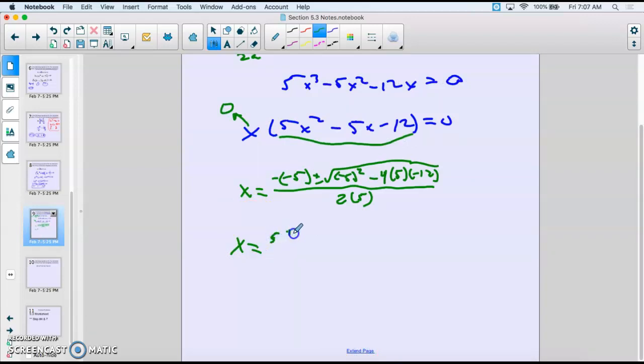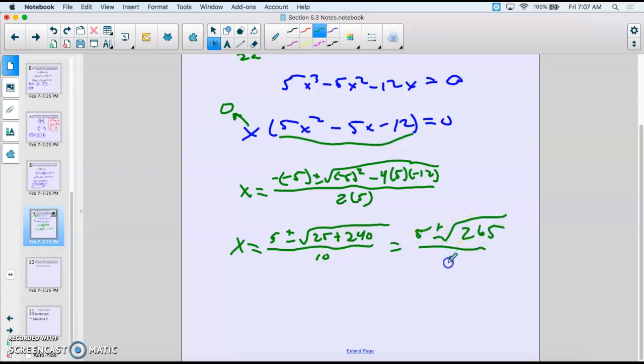We have a positive 5 plus or minus the square root of positive 25 minus, let's see, 20 times 12. 2 times 12 is 24. And then you have a 0 on there, so 240. Now we have negative 20 times negative 12, so it's going to be positive 240 all over 10. Okay, let's keep working at that. 5 plus or minus the square root of, what is that, 265 all over 10.